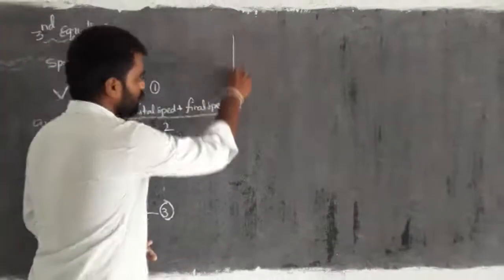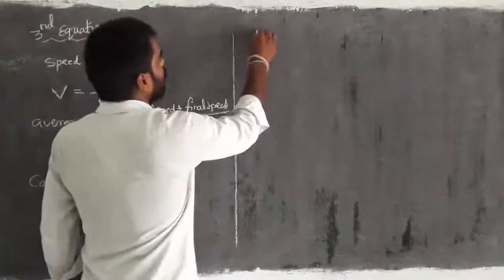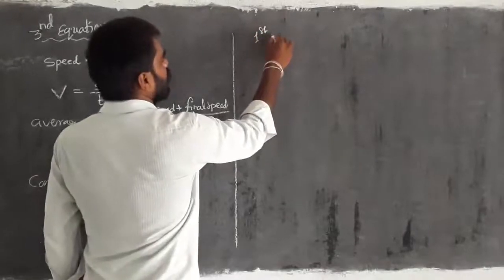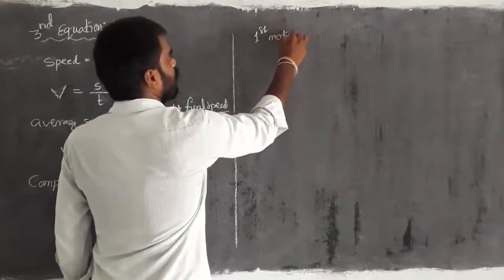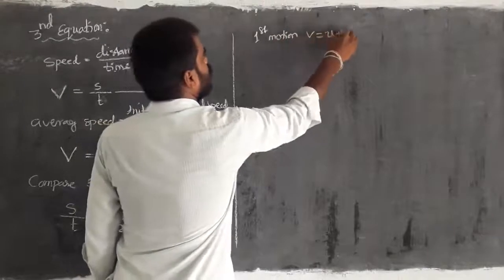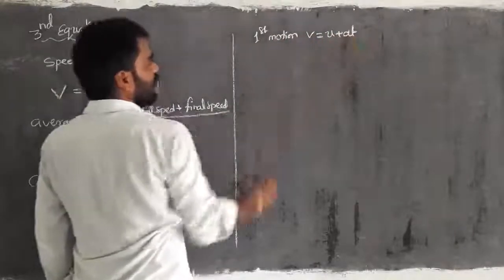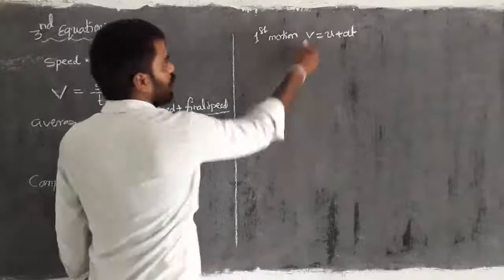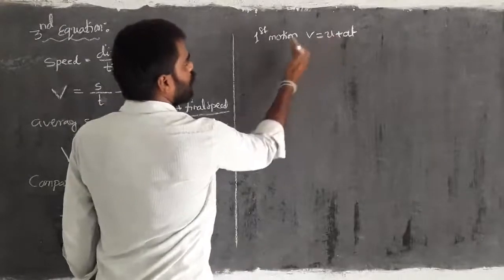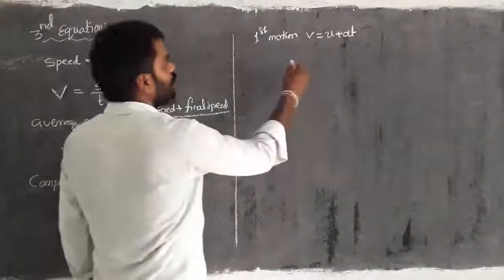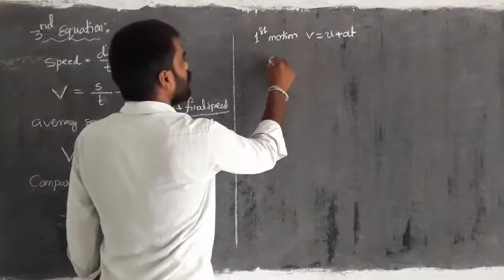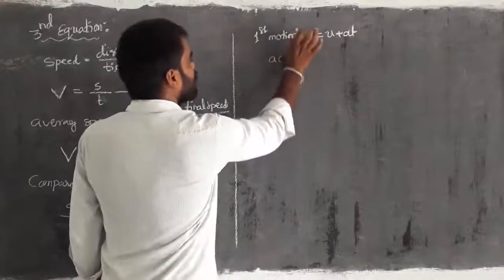Then we know from the first kinematics equation or first motion equation that v is equal to u plus at. Then in that, we can take u to the left side, as we should take the acceleration condition.